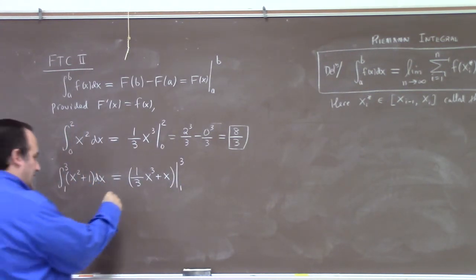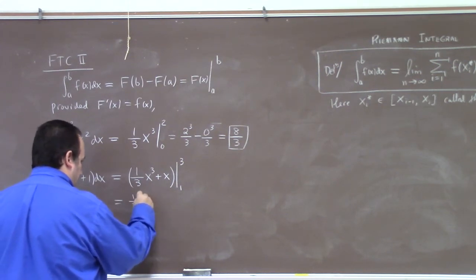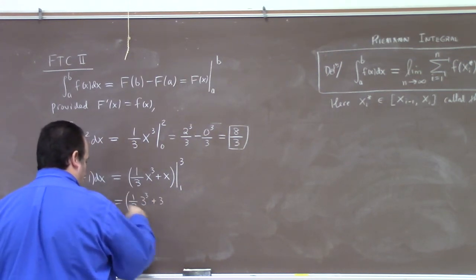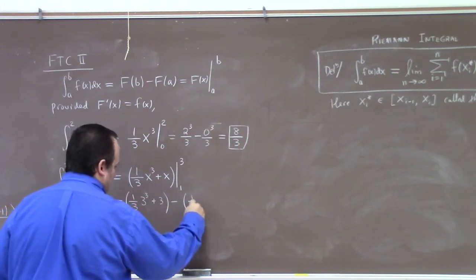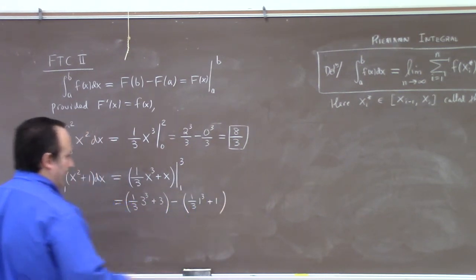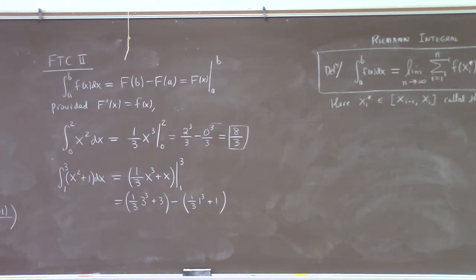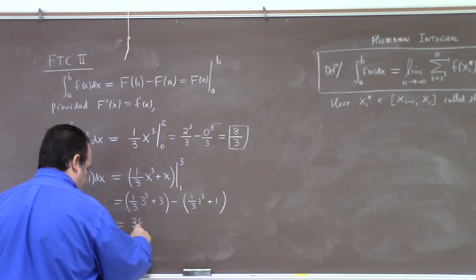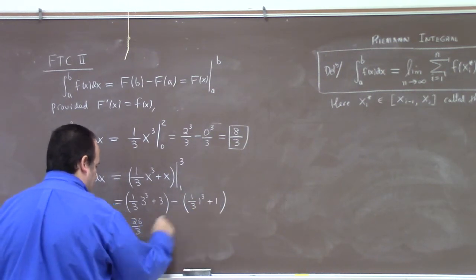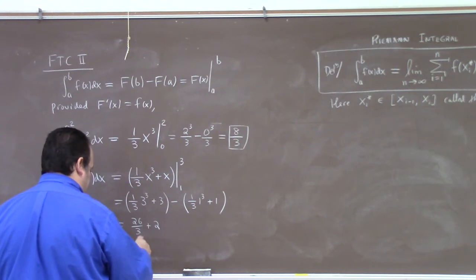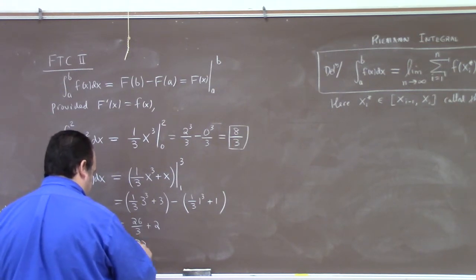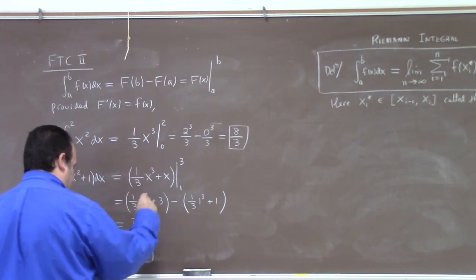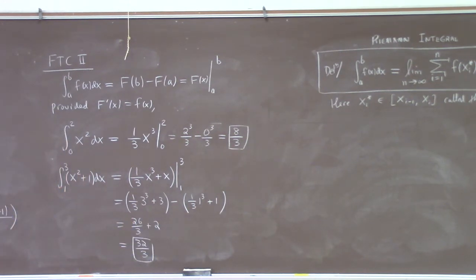So that looks like 1/3 of 3 to the third plus 3 minus 1/3 of 1 cubed plus 1. So that gives me 27 minus 1, which is 26/3, plus 2, which is also known as 32/3, which of course is the answer we found, with the help of Wolfram Alpha, mind you, to calculate the pesky details of the sum.